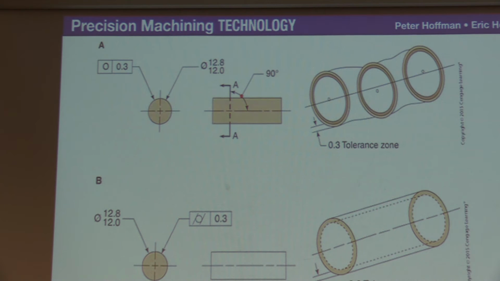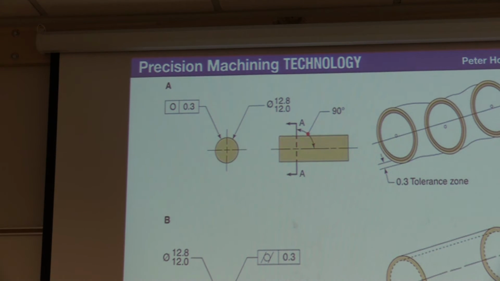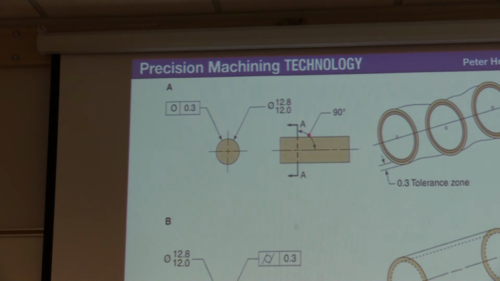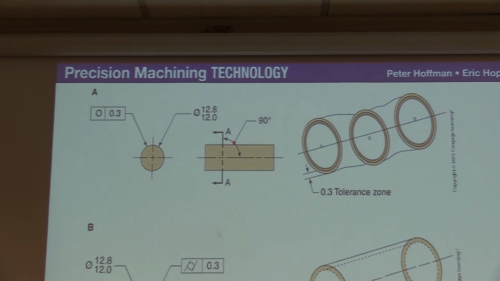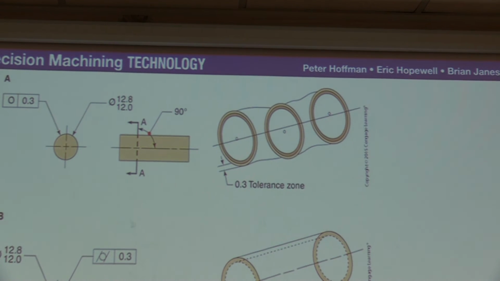So what this one is showing us, top left-hand print, we're at 0.3. Okay? So that's our tolerance zone. Right hand is showing us it can be between 12.8 and 12.0 diameter-wise. The A portion right here is just a reference point, a line, showing us that it's 90 degrees from the center line out, so it also could be considered part of a datum line.